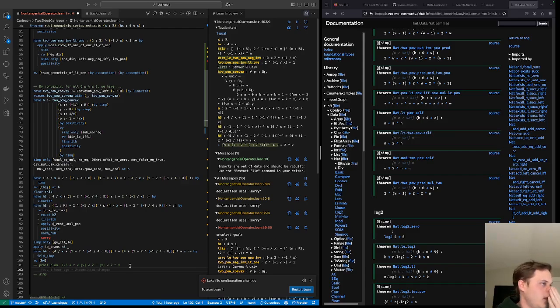But okay, the thing that we actually want to do is a bit of jiggery pokery with x minus 4 plus 4. I think what we want to do is say something like, because x is at least 4, right? x is at least 4.